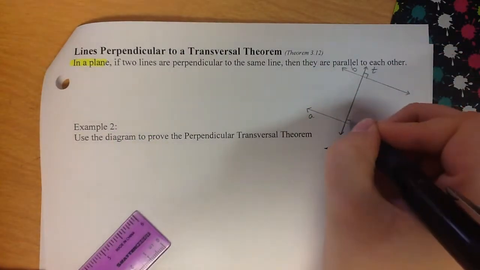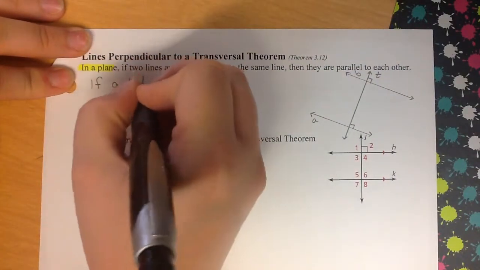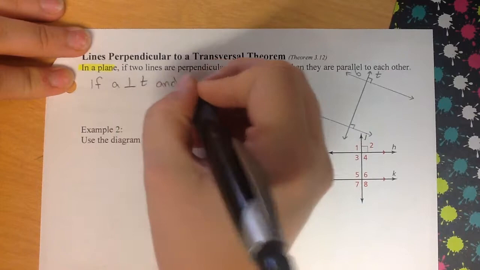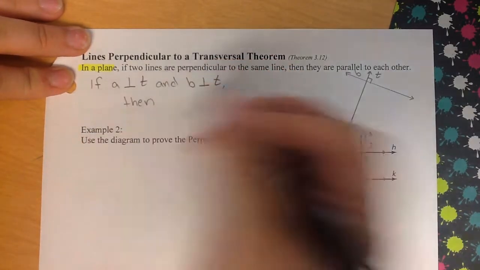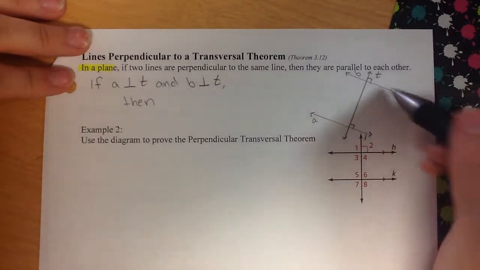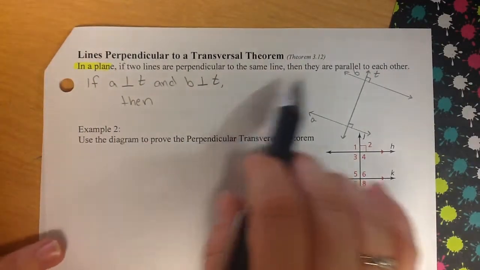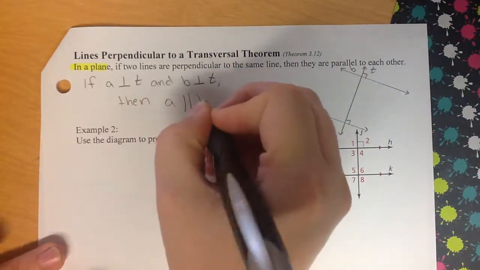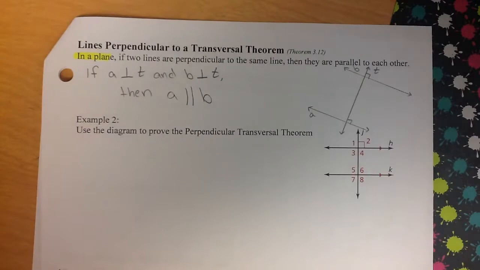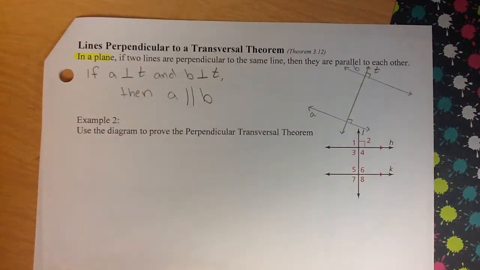So if A is perpendicular to T and B is perpendicular to T, then what do we know? If two lines are perpendicular to the same line, then they are parallel to each other. Then A's parallel to B. So what really changed from our last theorem is here we know they're both perpendicular to the same line.